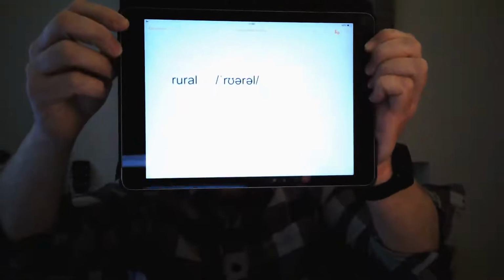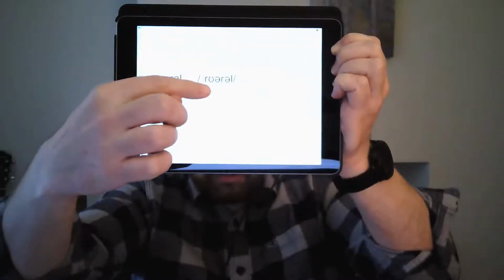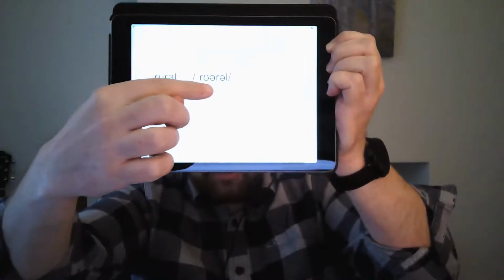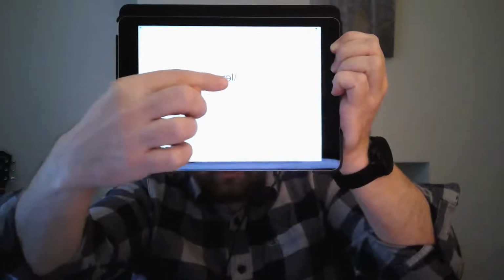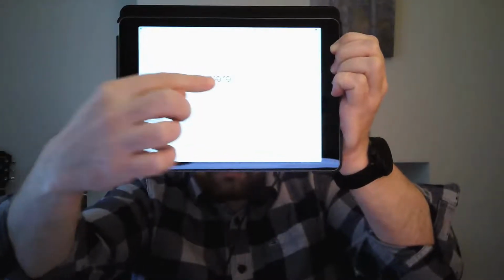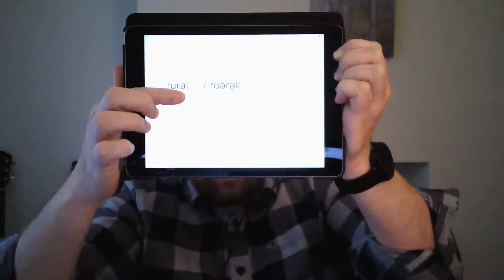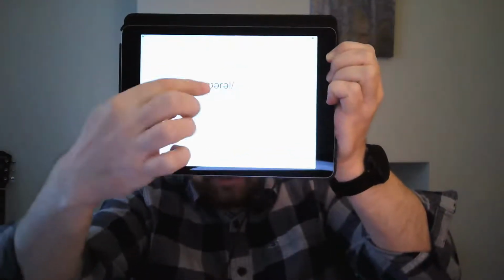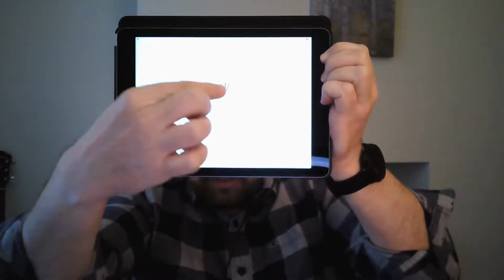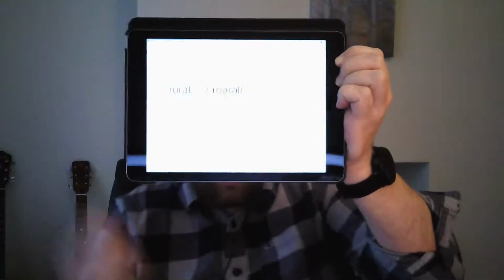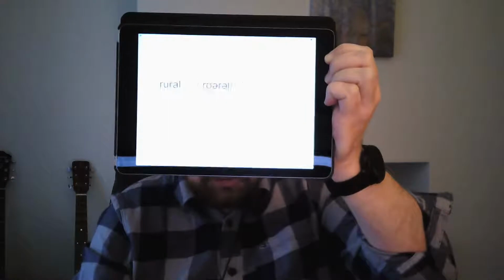So we can look at this one here. So it's rural, rural. So we see here this combined vowel sound, the diphthong, rural. So again, if we look at this, it looks like it's quite difficult to pronounce, but when we've got this guide, it helps us. So we can see the difference between this complicated, combined vowel sound here and then the second vowel sound, which is simple.